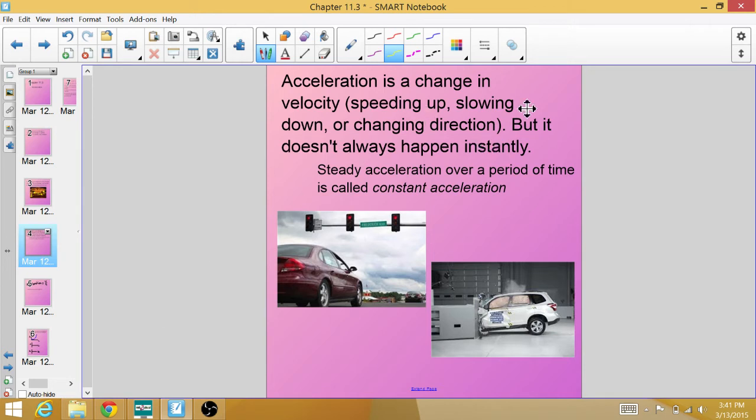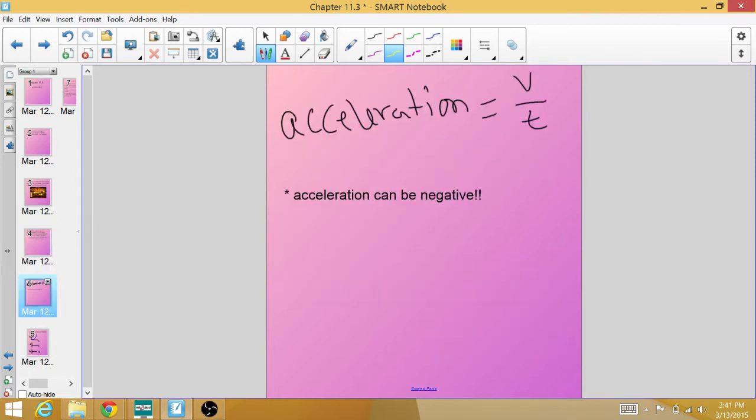Now, because acceleration is speeding up, slowing down, or changing direction, we define it as a change in velocity. So if we put this into an equation, our acceleration is equal to change in velocity divided by time. And remember, I said acceleration is a vector, so it does have a direction. That means acceleration can be negative.